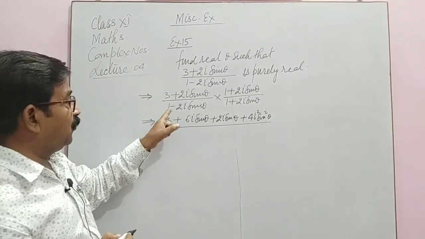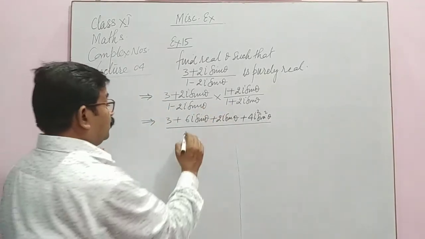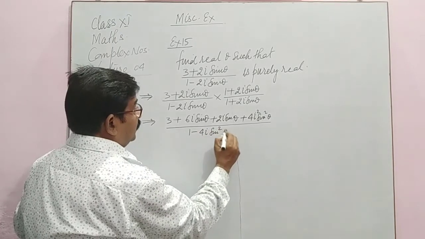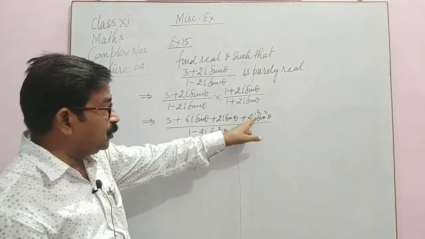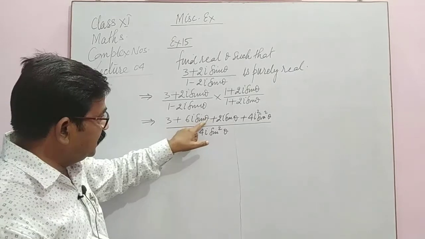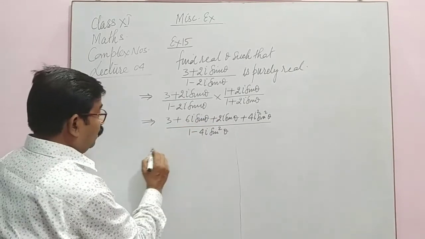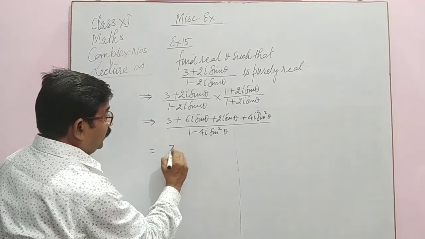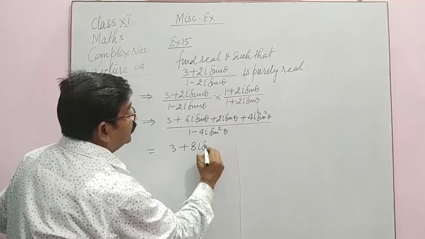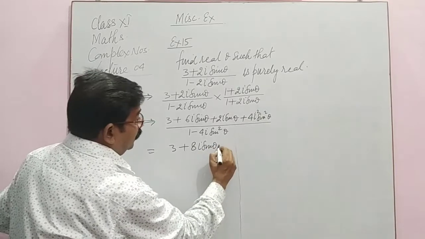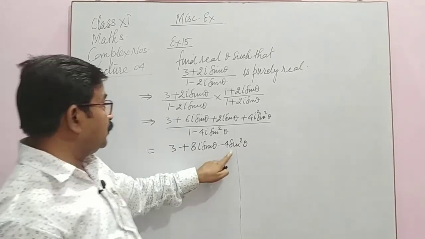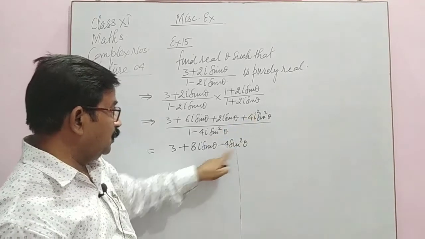Upon, this is our formula, a minus b and a plus b. So it will be 1 minus 4 i square sin square theta, and i square is equal to minus 1. Here 6i sin theta plus 2i sin theta, so we have 3 plus 8i sin theta minus 4 sin square theta. Why minus 4 sin square theta? Because i square is equal to minus 1.